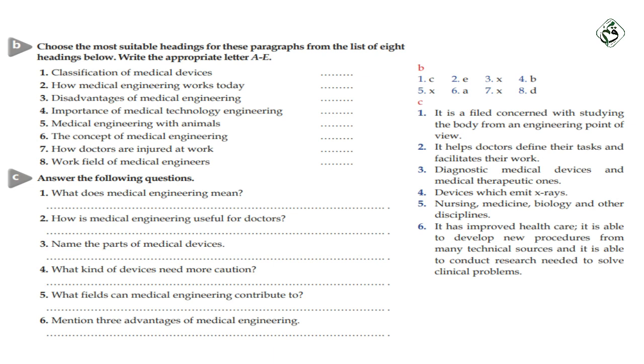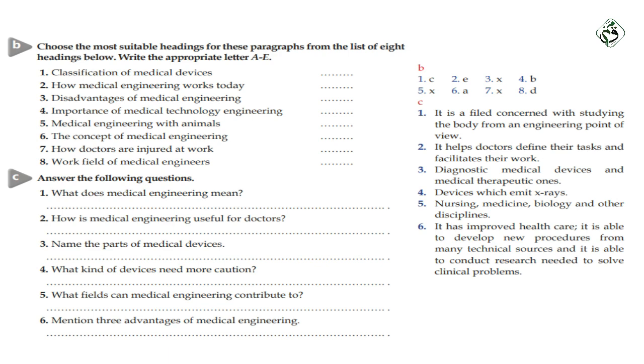What kind of devices need more caution? Devices which emit X-rays. What fields can medical engineering contribute to? Nursing, medicine, biology, and other disciplines. It has improved healthcare, it's able to develop new procedures from many technical sources, and it's able to conduct research needed to solve clinical problems.